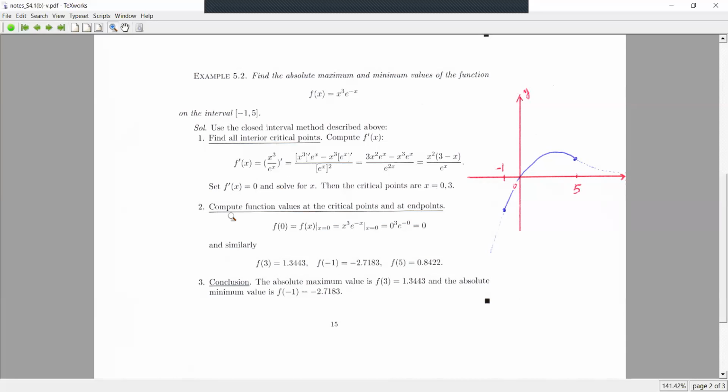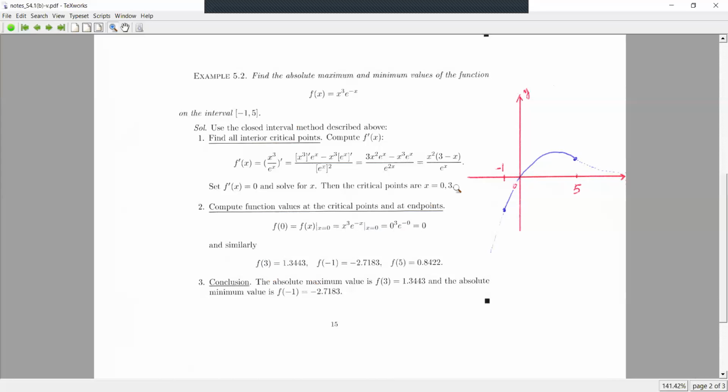Step 2. Compute function values at the critical points and also at endpoints. Function value at 0, plug in 0 for x here. Then we get function value is 0. This is the graph of this function.